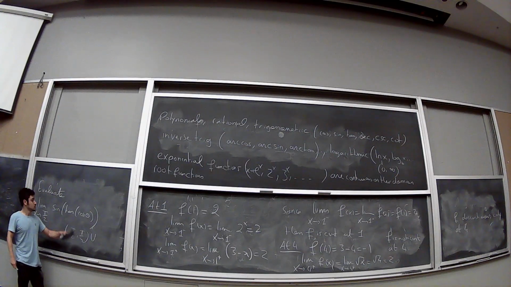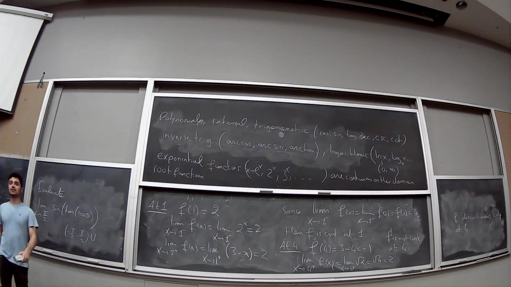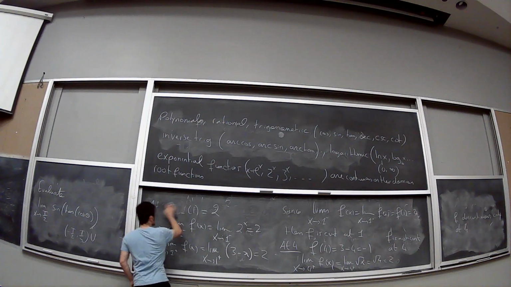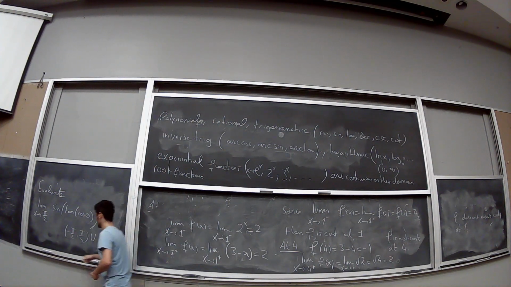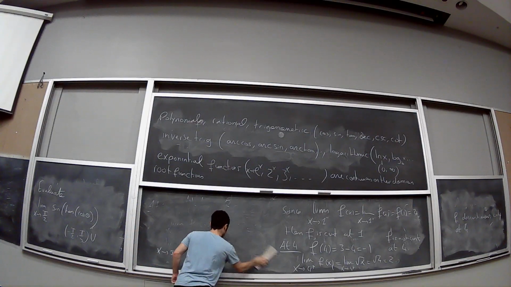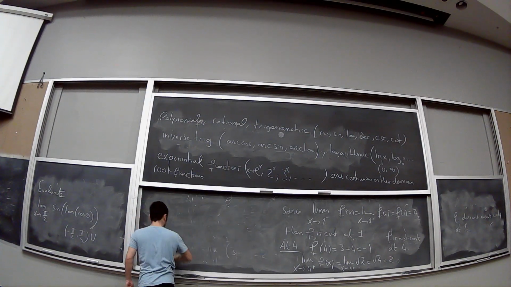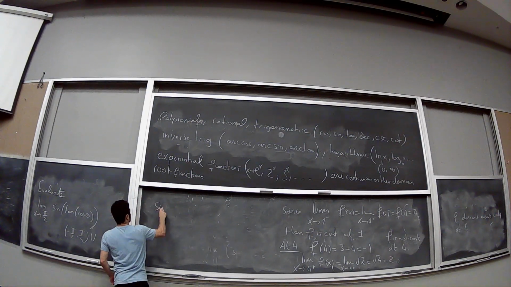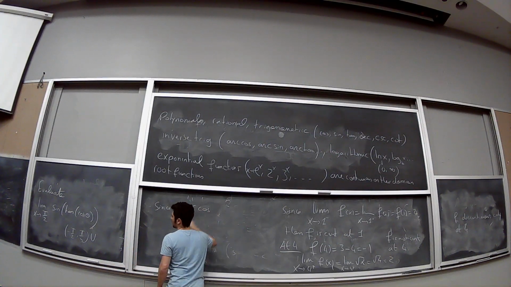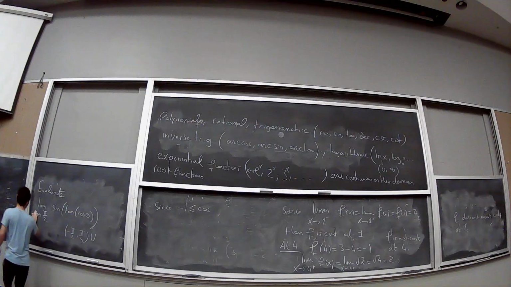So is tan of cos always defined? Tan of cos is always defined. You agree? Since minus 1, oh, I have theta. Let me put the theta here.